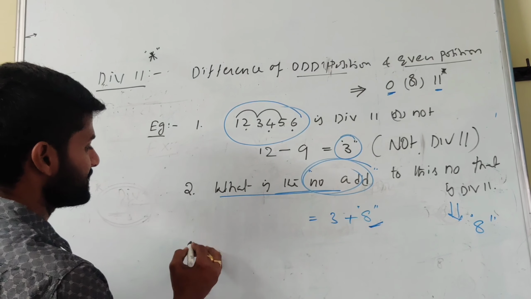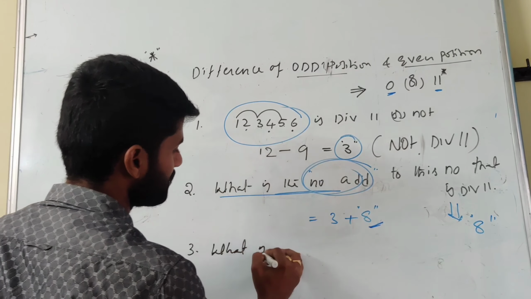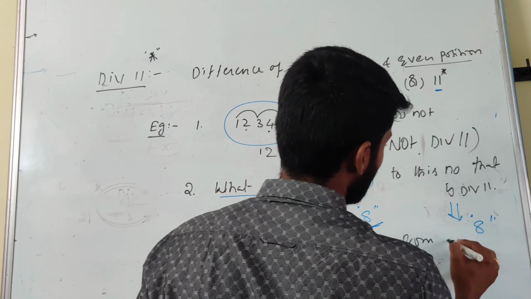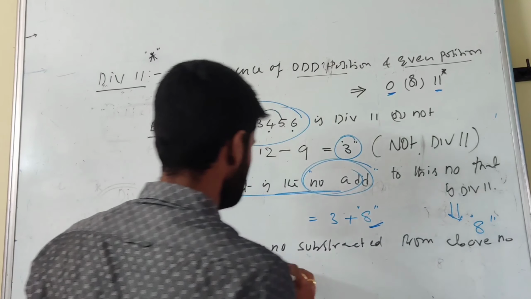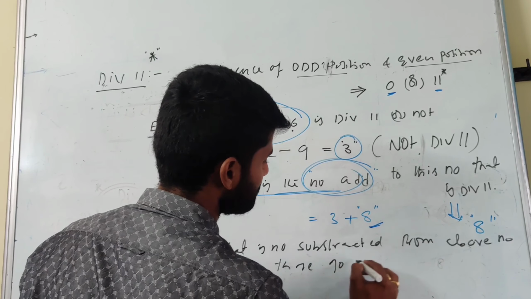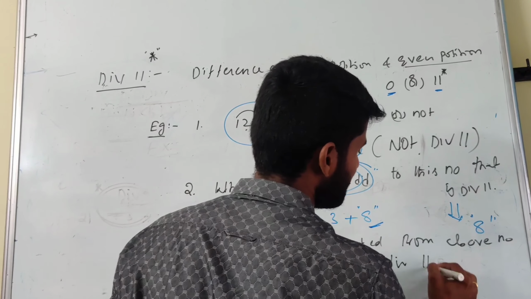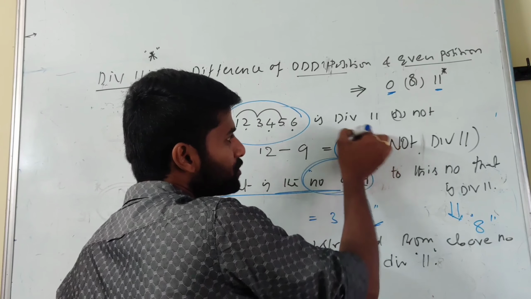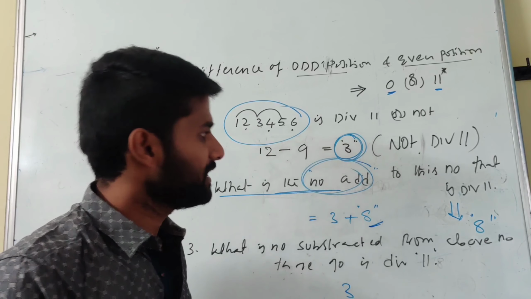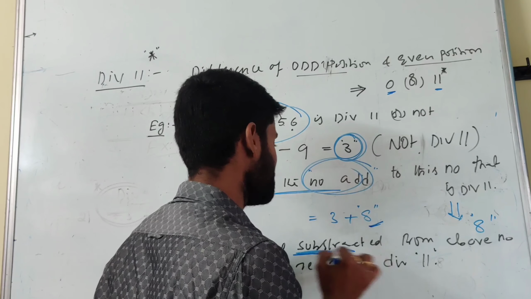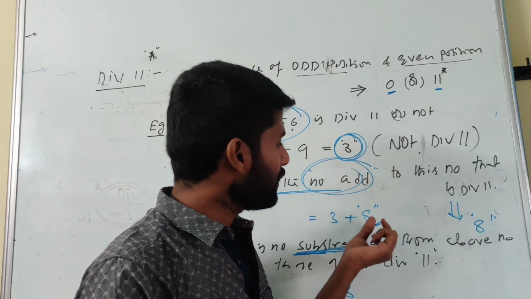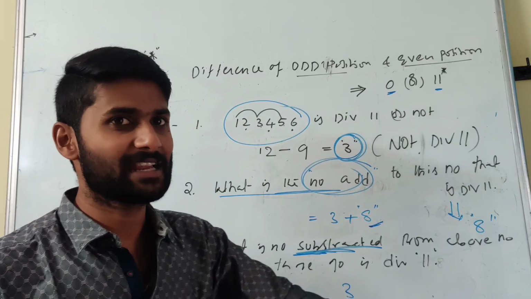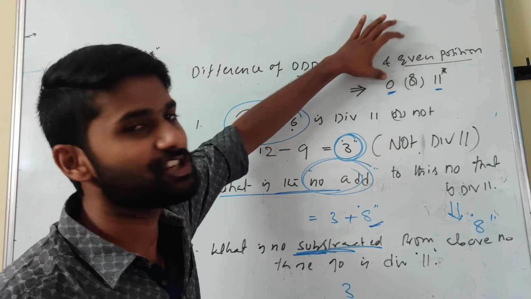Okay, sometimes they give the same question: what is the number subtracted from the above number so that the number is divisible by 11? We already know that the difference of odd positions and even positions gives 3. He said, what is the number we have to subtract? If you subtract, we require 0 as a resultant.